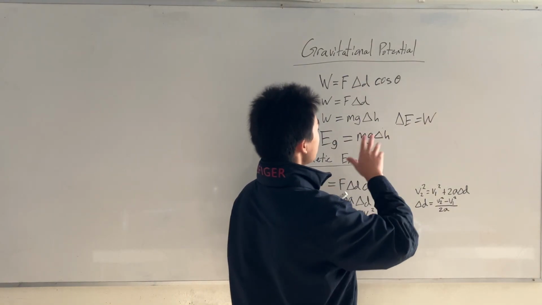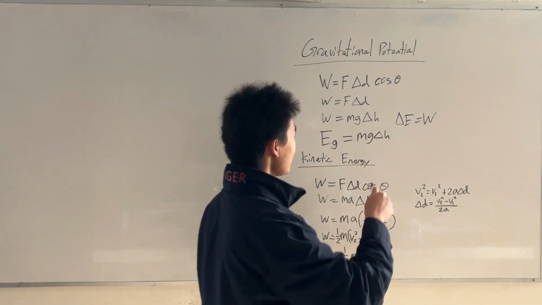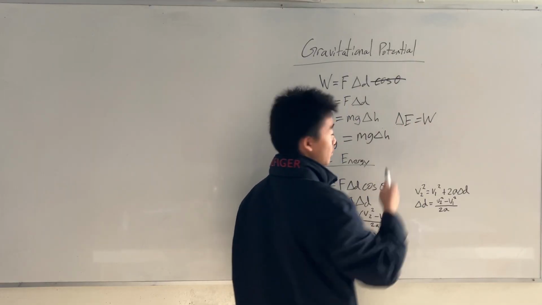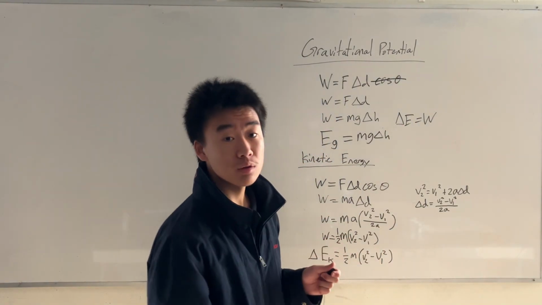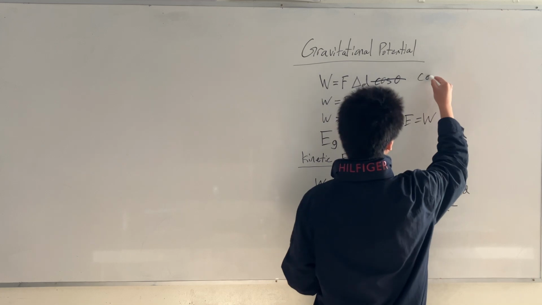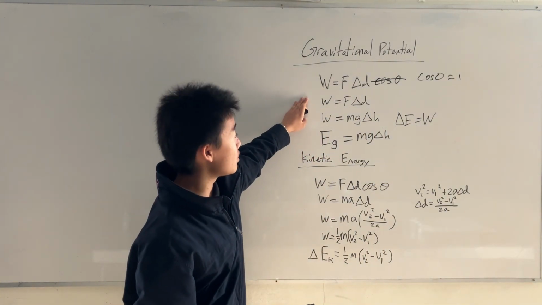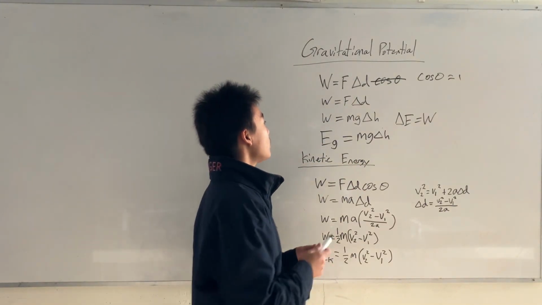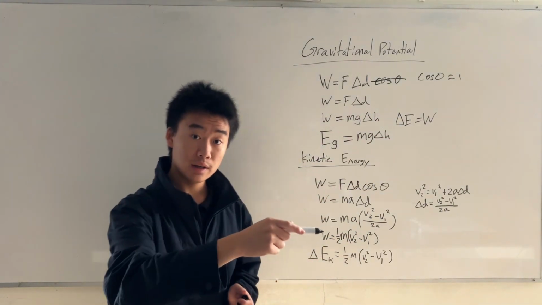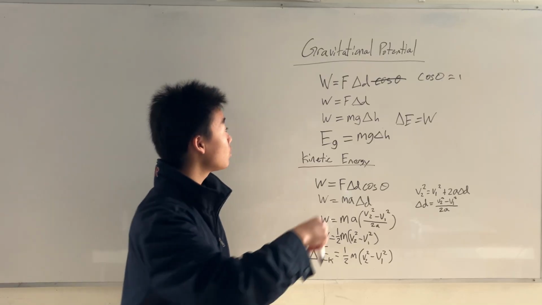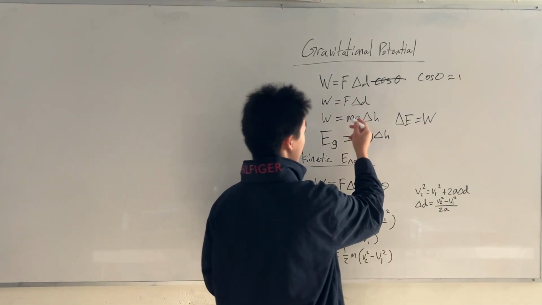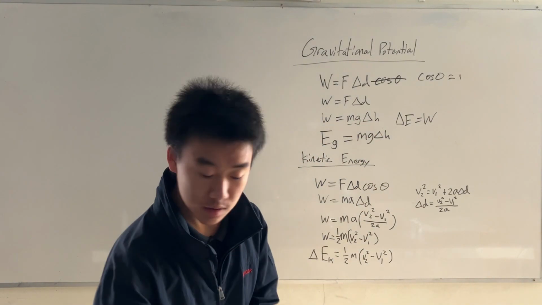So in terms of roller coaster problems, this angle is usually just going to be 0, so the entire cosine term will equal 1. So we get W is equal to F delta D. Then we know that the force applied in terms of gravitational potential energy would be mg, the mass times the acceleration due to gravity.